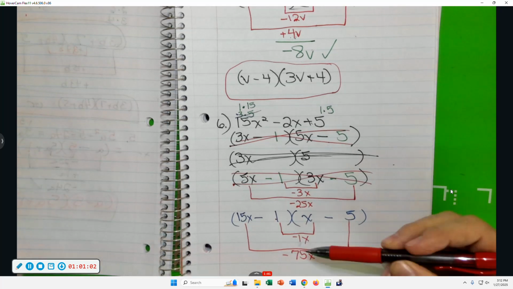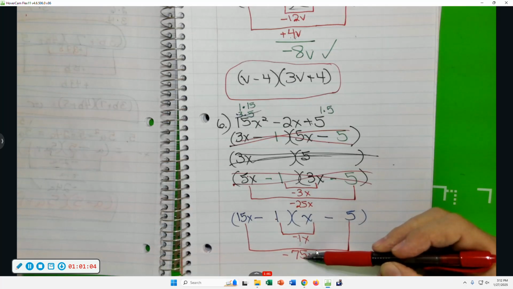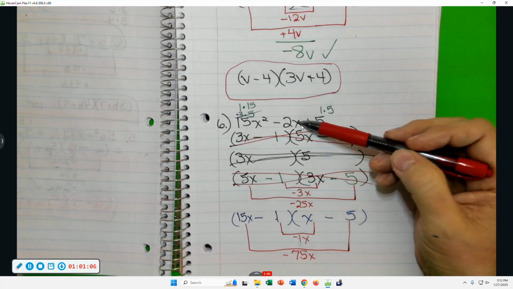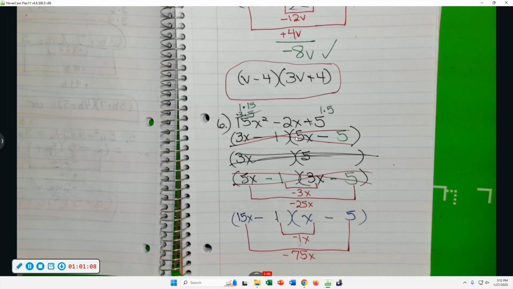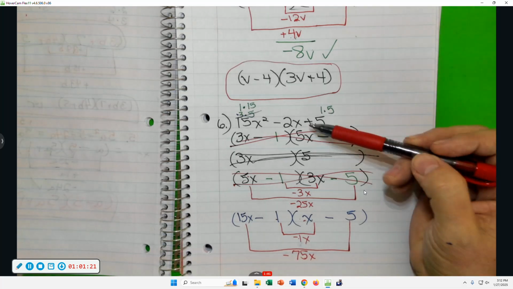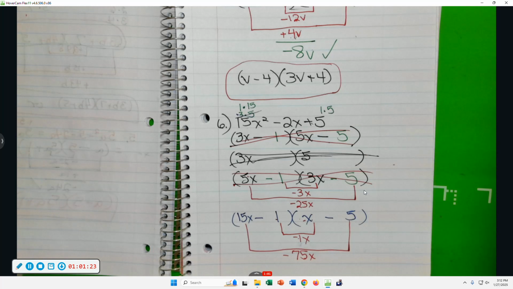If we add the -1 and the -75, is that going to give us the -2x? This is all the possibilities. You can't put the 15 here because 15 and 5 are divisible by 5. We've gone through every possibility and we can't get that -2x. So what do we conclude?